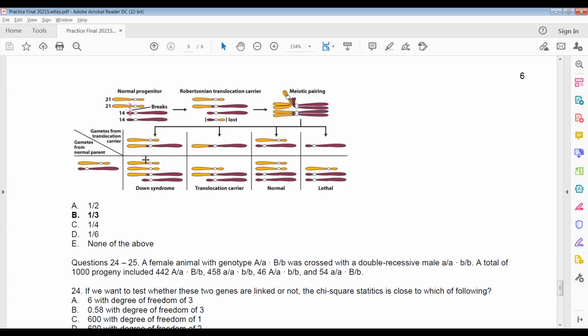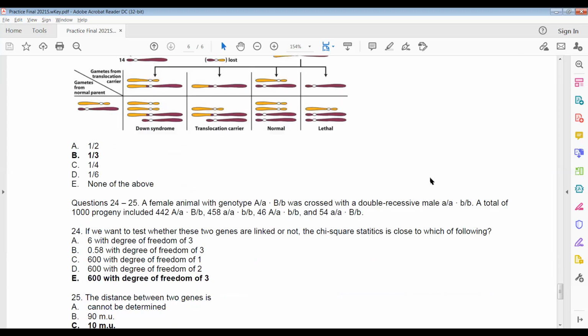But this one is equivalent to 3 copies, so that's Down syndrome. And the translocation carrier is equivalent to 2. It's just that the other one is attached to the 14th chromosome. That's right. And this is our normal one over here. Okay, gotcha. Thank you. Sure.